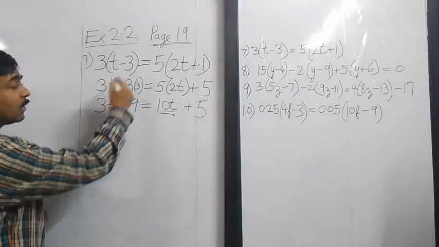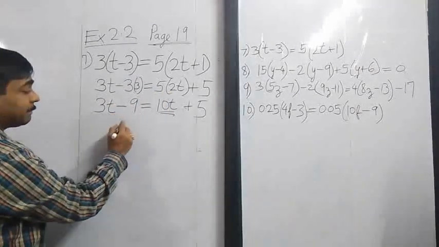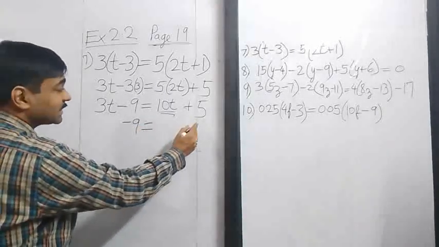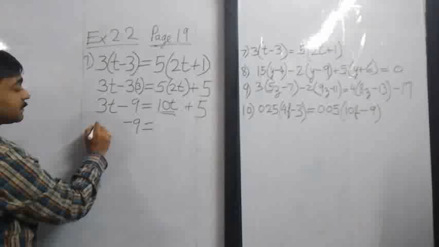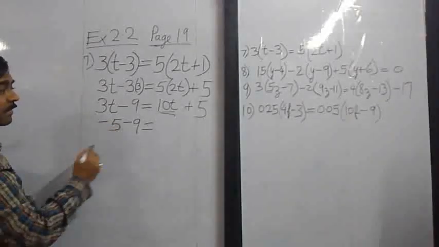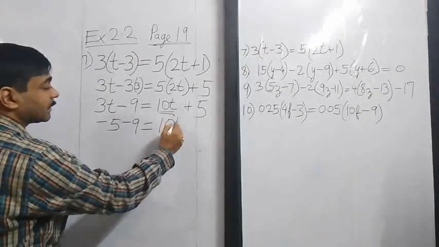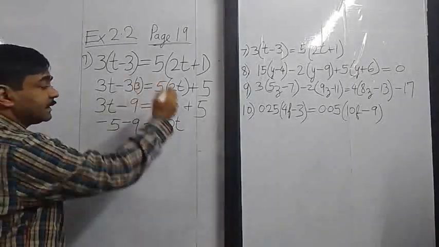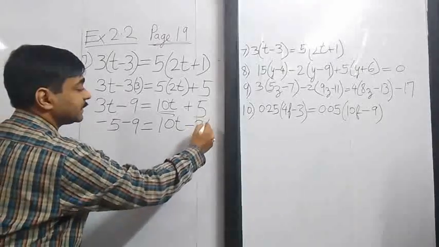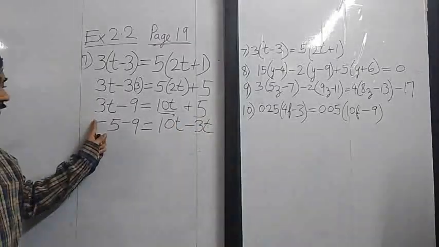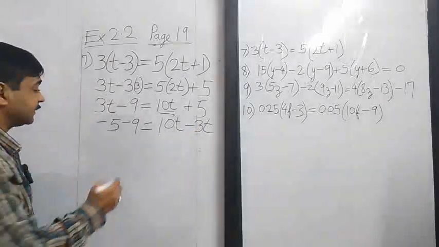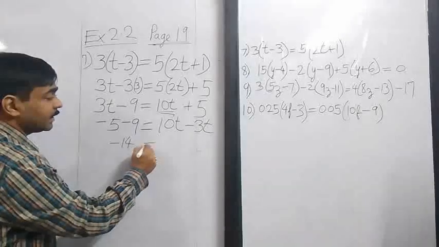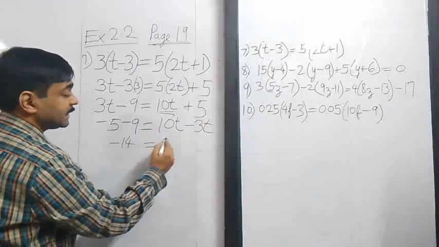We take 3t on the other side, and this minus 9 is kept over here, equals plus 5 comes over here, becomes minus 5. 10t is untouched, it hasn't been changed. 3t comes over here, positive 3t goes over there, becomes minus 3t. Minus 5 minus 9 becomes minus 14 equals 10t minus 3t is 7t.